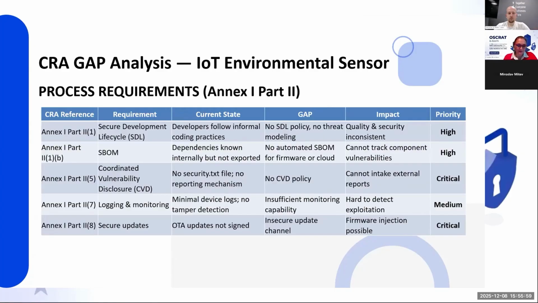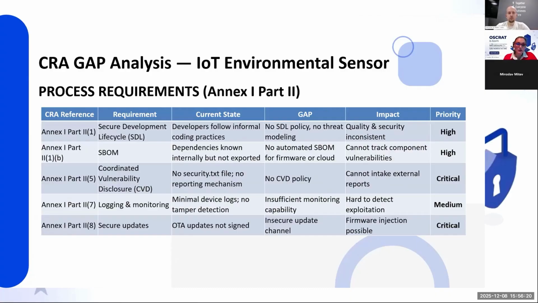Here is another table. It's the organizational gaps. Again, we have CRA references, requirements, current state, gaps and impact, and priority.